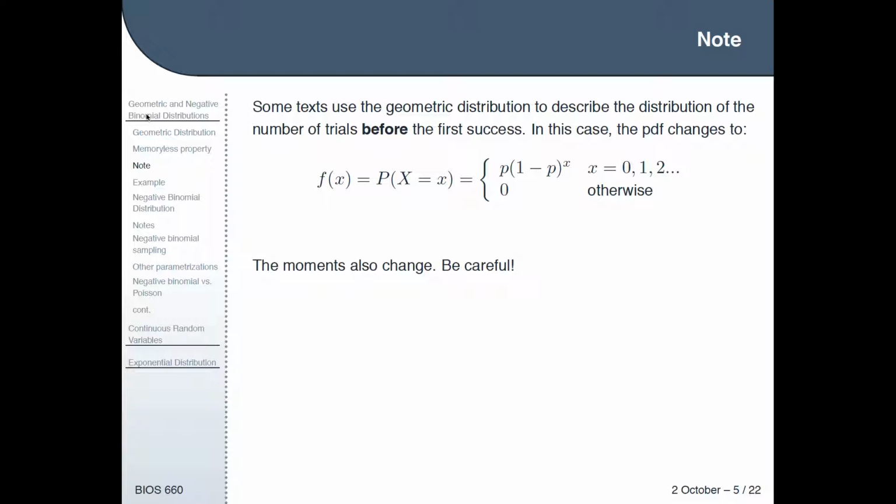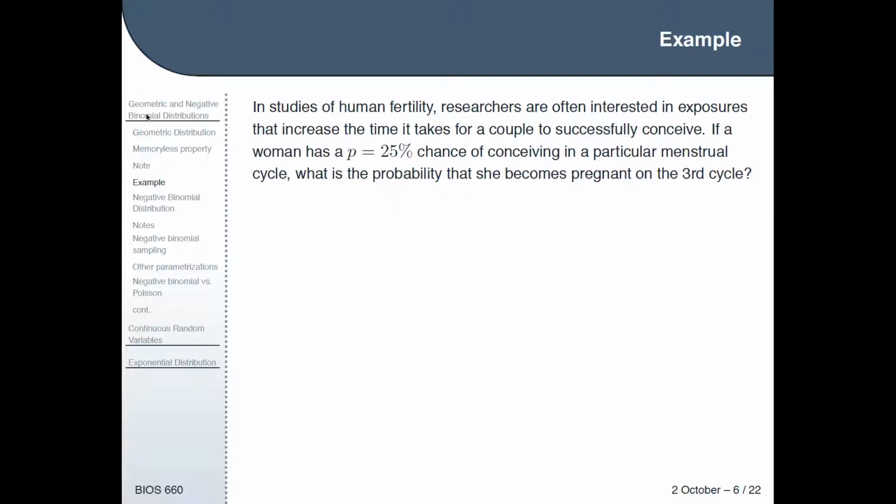These two formulations are completely equivalent, but you need to read carefully in whatever book or paper you're reading to see how they define it, because it changes the moments and the moment generating functions and a few things like that. If you're not expecting it, you can stare at the paper and wonder why that is, and then realize they parameterized it differently. So, just a word of caution.